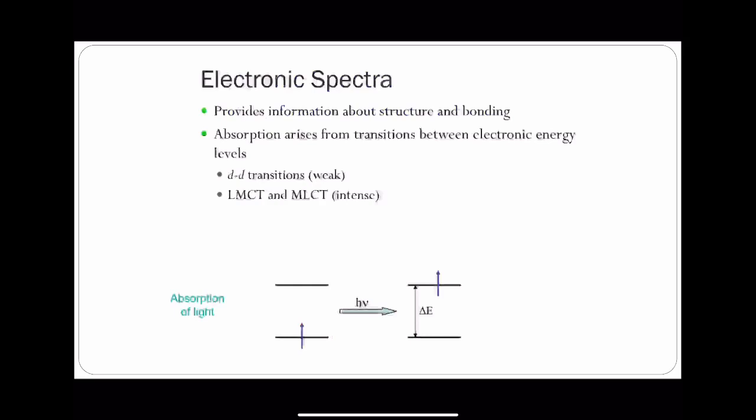The first is going to be the D to D transitions. So that's the transition between just the D orbitals on the metal. And these are generally going to be rather weak in intensity. And we'll talk about selection rules here in just a moment to examine why those D to D transitions are weak, whereas our ligand to metal charge transfer and metal to ligand charge transfer, that is LMCT and MLCT, are quite intense.